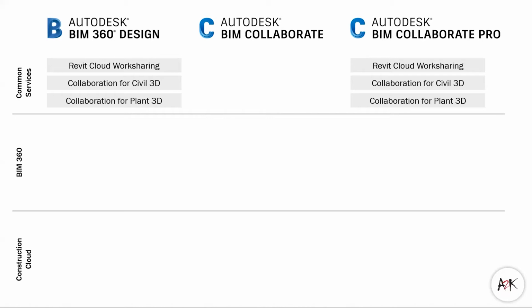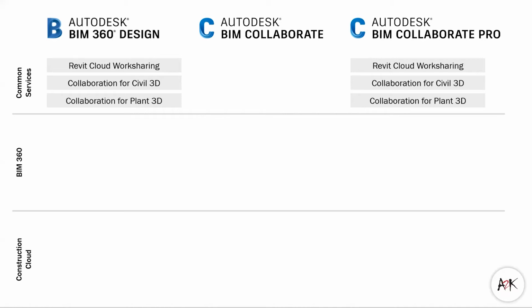And this facilitates the connection of that design authoring tool over into BIM 360. Those same connecting common services also now feature in the BIM Collaborate Pro license. BIM 360 Design is essentially upgraded to BIM Collaborate Pro.